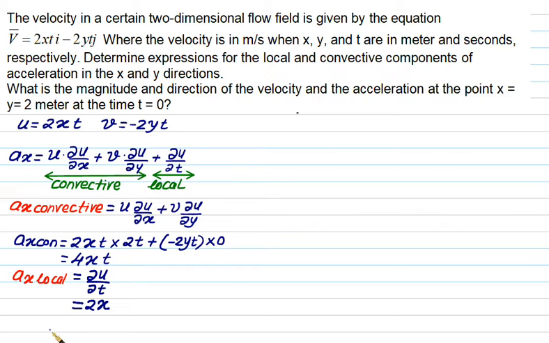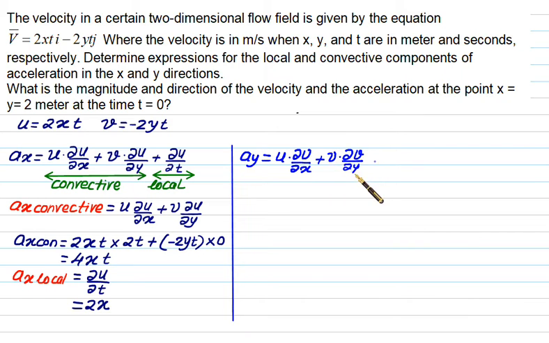The total acceleration along the y direction is given as u ∂v/∂x + v ∂v/∂y + ∂v/∂t. The first two terms represent the convective acceleration and the last term represents the local acceleration along the y direction.